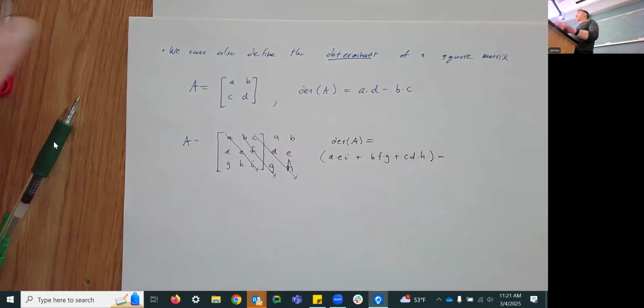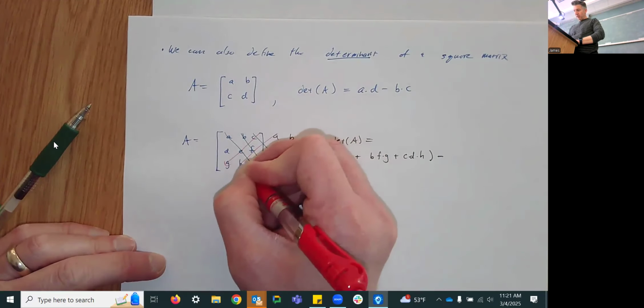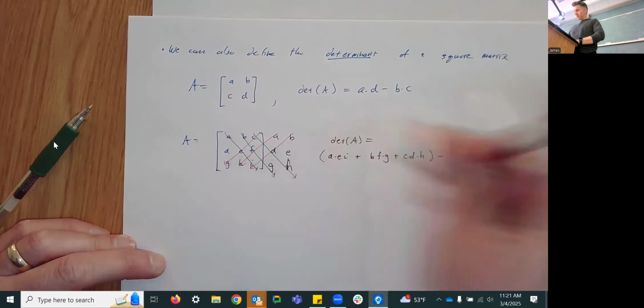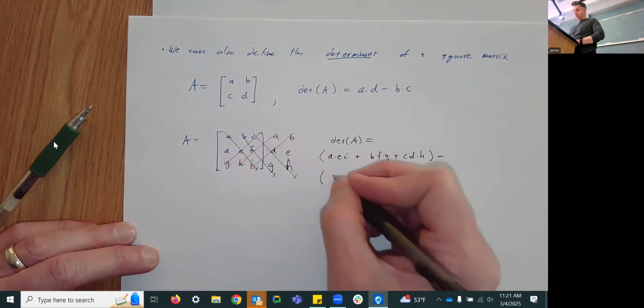Minus the product of the diagonals in the other direction. C times E times G, A times F times H, B times D times I. You do not need to memorize this formula. You just need to maybe know the process.